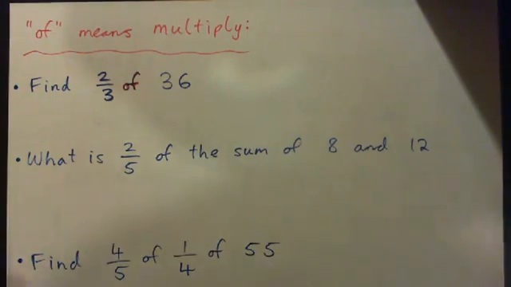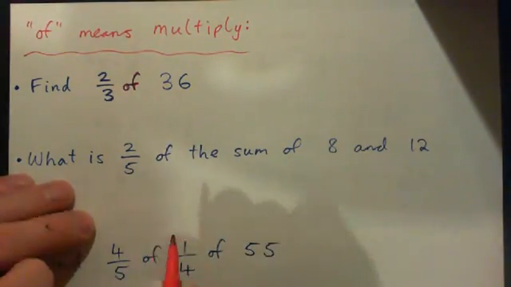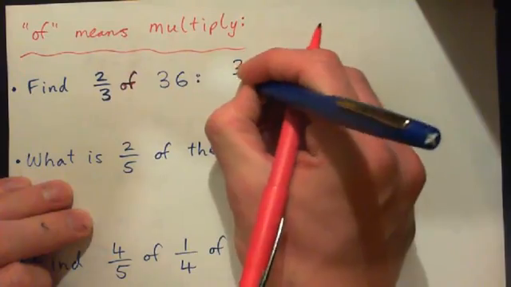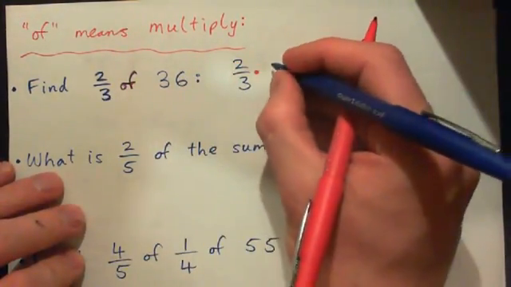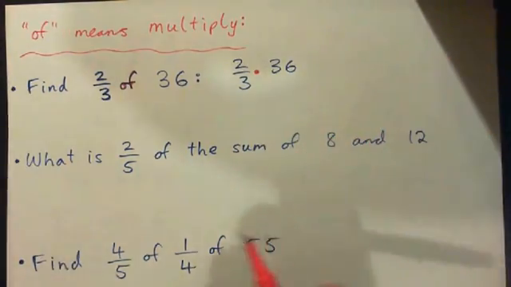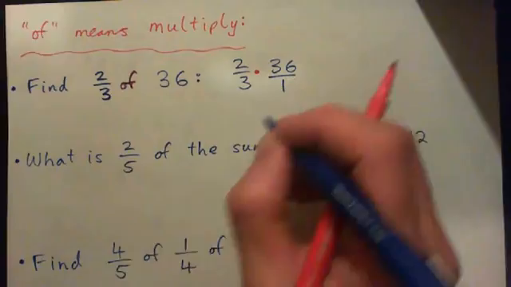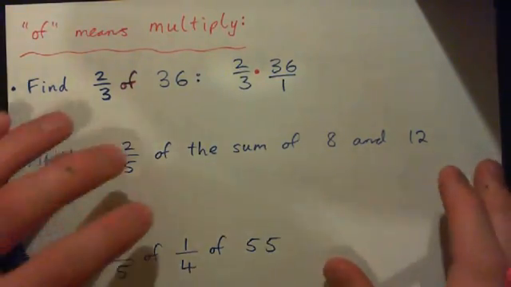Anyway, but we can calculate that a little bit easier with math, because if "of" means multiply, then 2/3 of 36 becomes 2/3 multiplied by 36, right? And can you write 36 as a fraction? Well, let's do it now. 36 over 1, right? And it's kind of nice to cross cancel first before you multiply, because it simplifies things a bit.